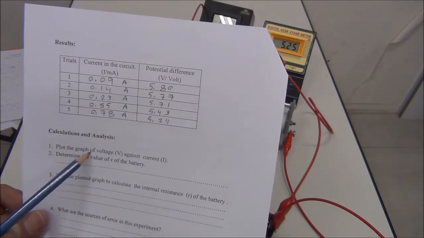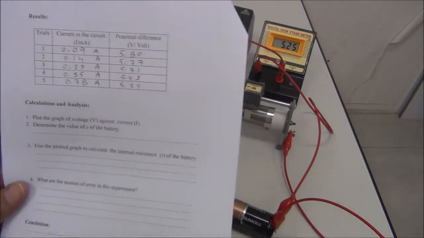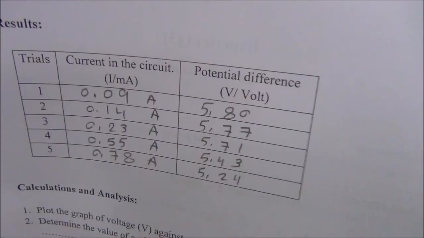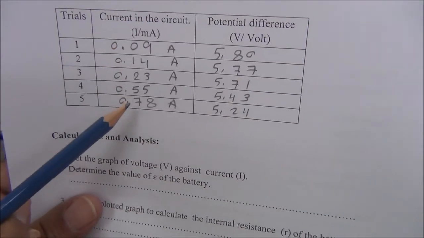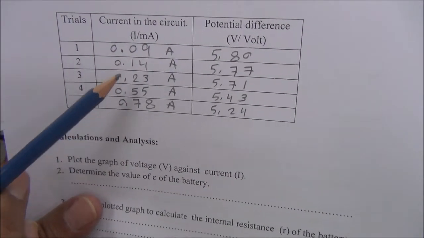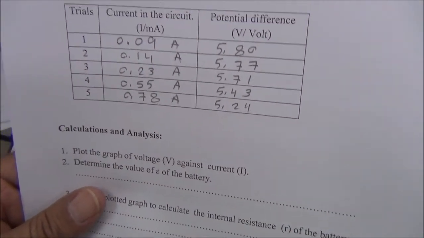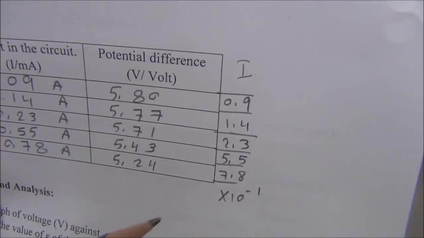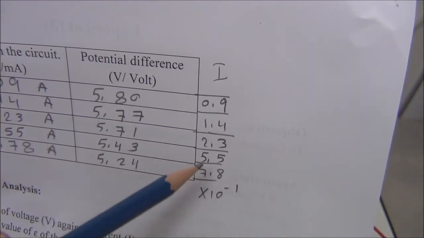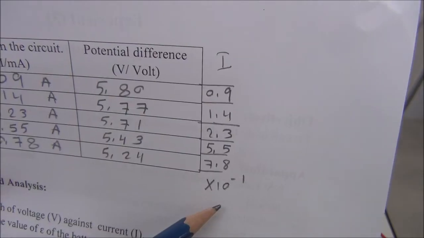Now plot the graph of voltage V against the current. Because the current is very small, we multiply by 10 and divide by 10.